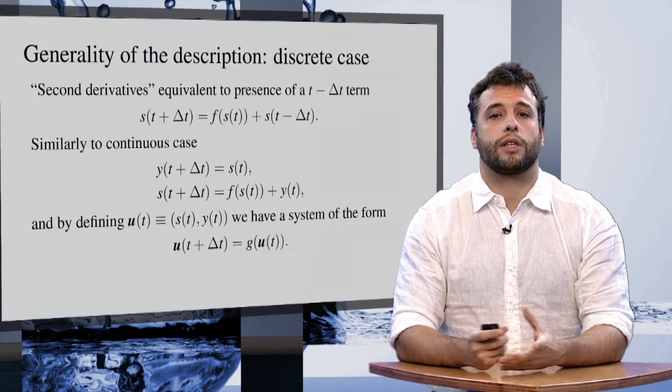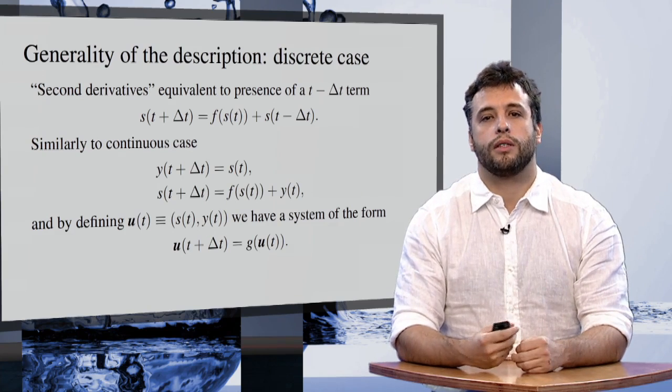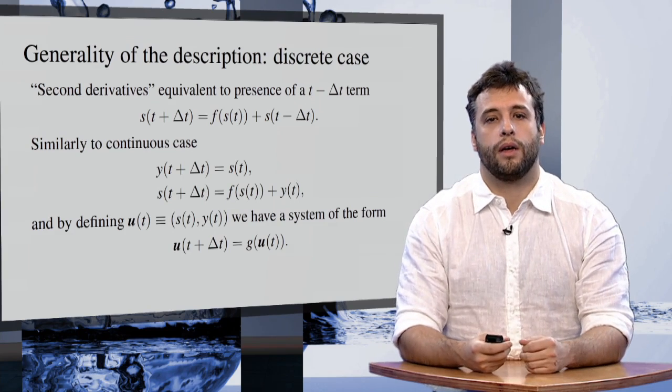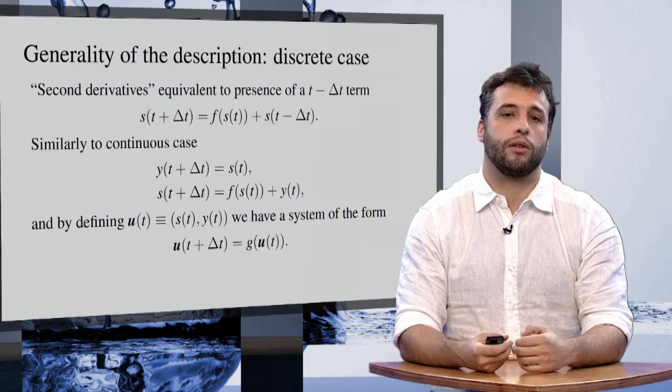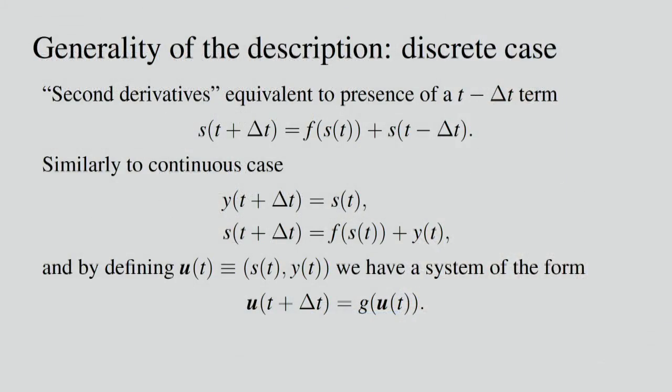In the discrete case now, the second derivative is equivalent to adding more than one time step. So here you see on the left side of the first equation, we have S of t plus delta t. But this time, instead of having a dependence only on f of S of t, we also add a second time which is relevant, which is t minus delta t.